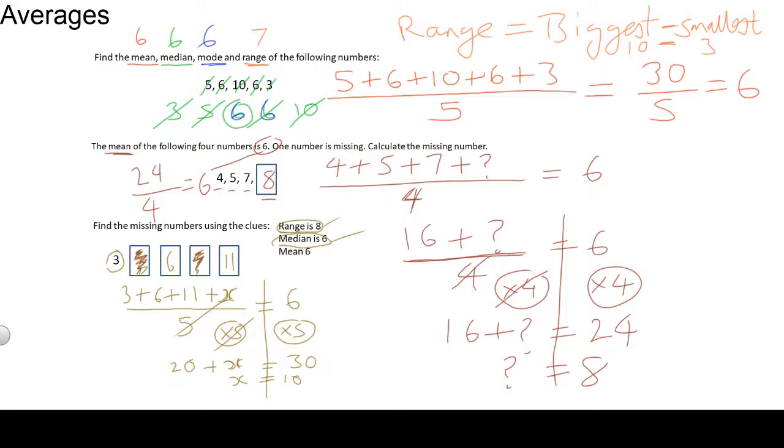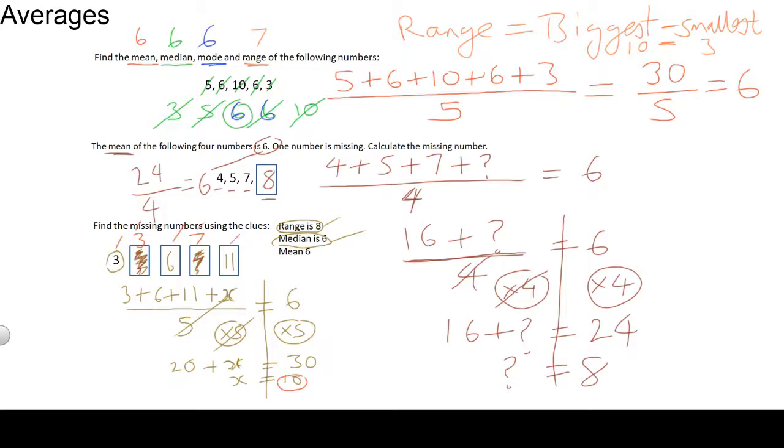So there seems to be like a number of possibilities. For example, I could have right here, I could possibly have 3 and 7. 3 add 7 does give me the 10. And you need to make sure that the numbers that you've got here are smallest to biggest. So you've got the 3, 3, 6, 7, 11.